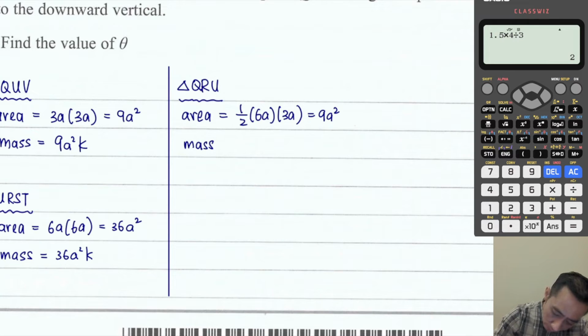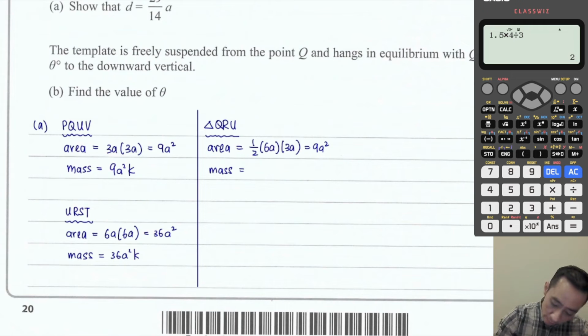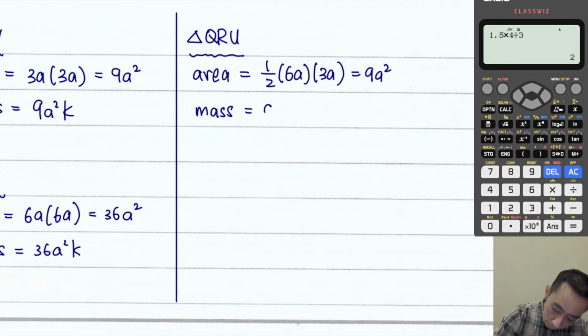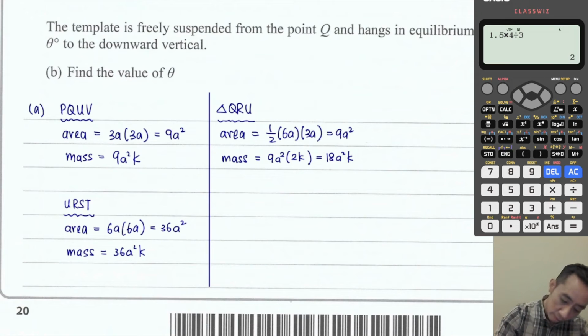How about the mass? For the triangle, the mass per unit square is 2k. So we take 9a squared times 2k, which is 18a squared k. So this is the mass for the different shapes here.